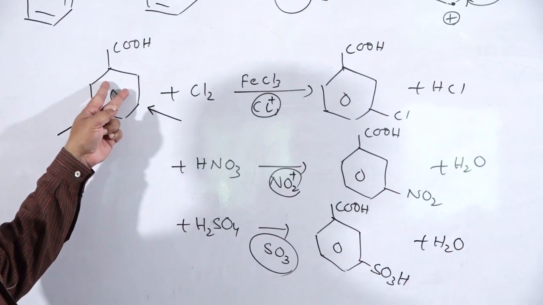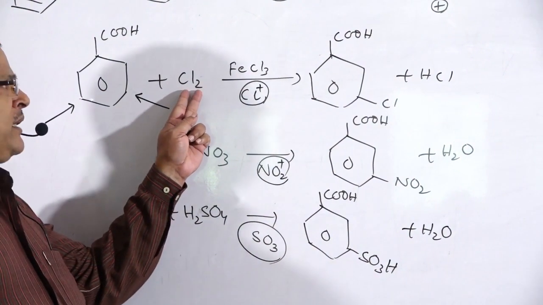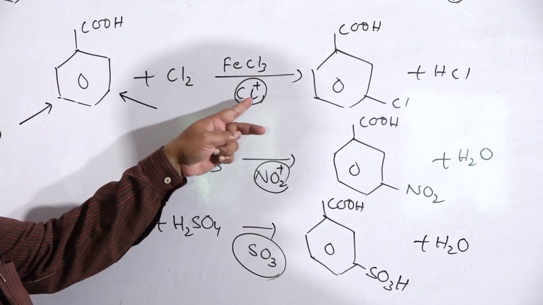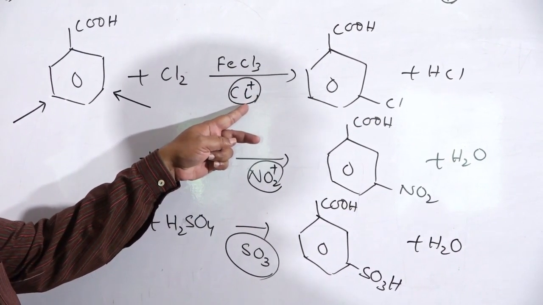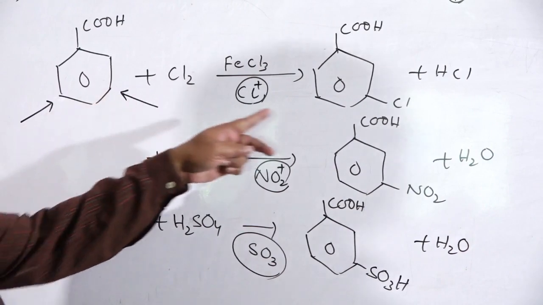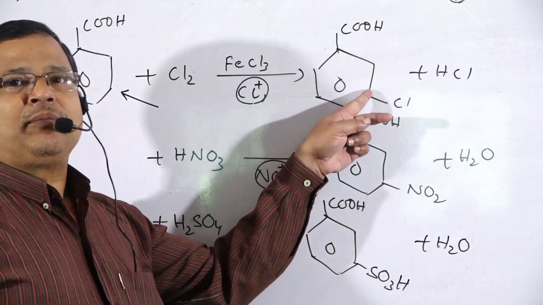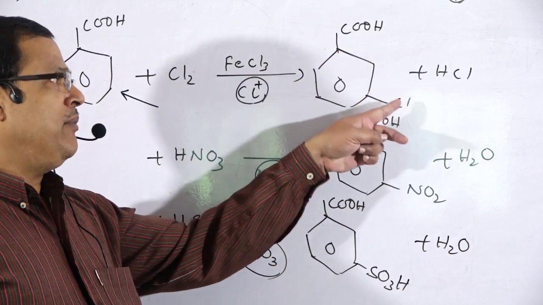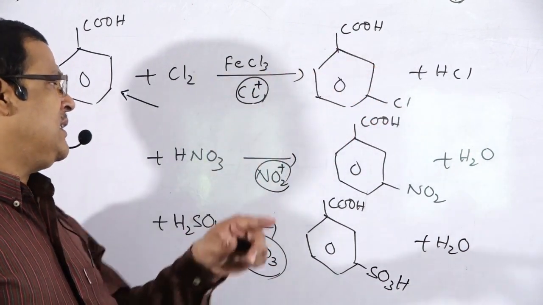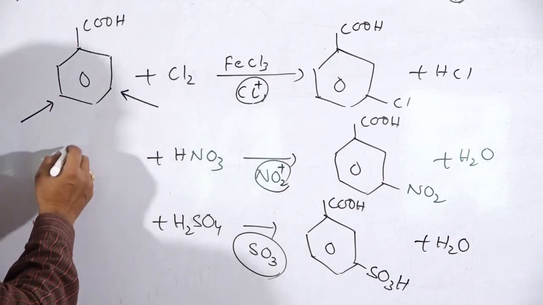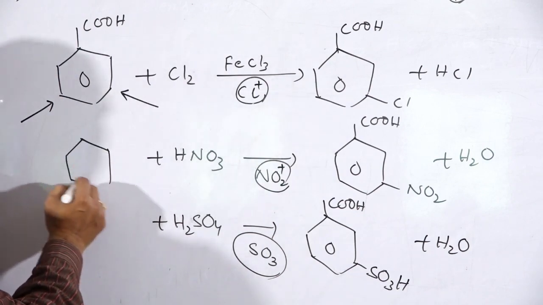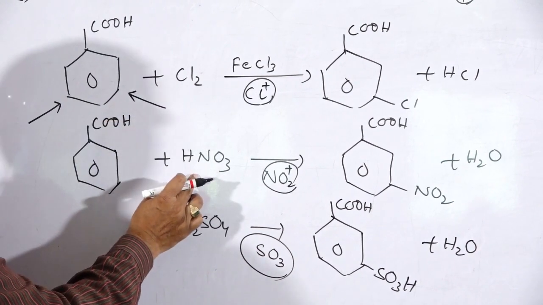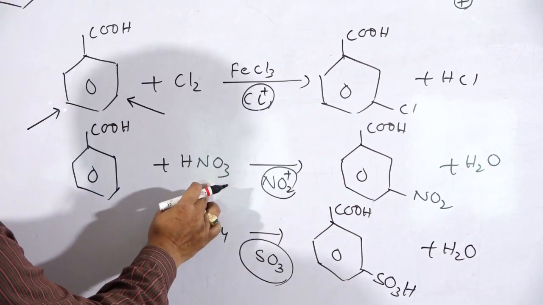When benzoic acid is treated with chlorine in the presence of FeCl3, the electrophile Cl plus will get directed to the meta position with the formation of metachlorobenzoic acid. Similarly, take benzoic acid treated with nitric acid, that is nitration.